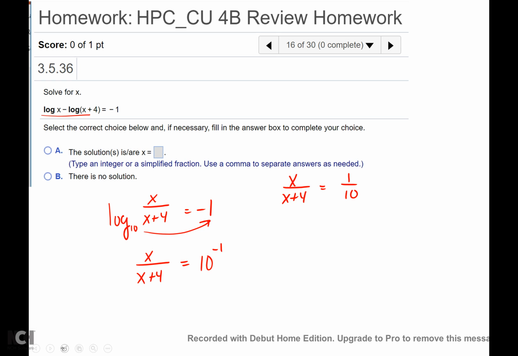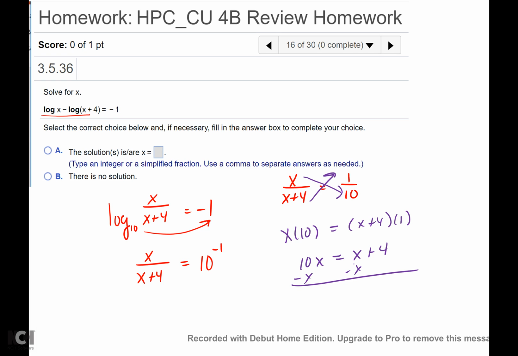Now I have a proportion. When you just have a fraction equal a fraction, the extremes product has to equal the means product. So x times 10 has to equal x plus 4 times 1. This would give me 10x. This would give me x plus 4. To get x alone, I'm going to subtract x from both sides.